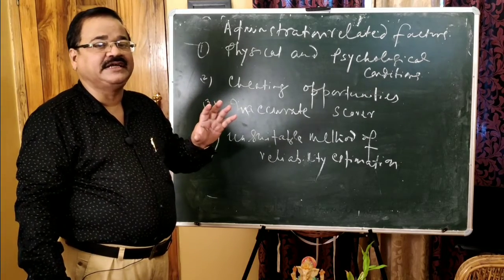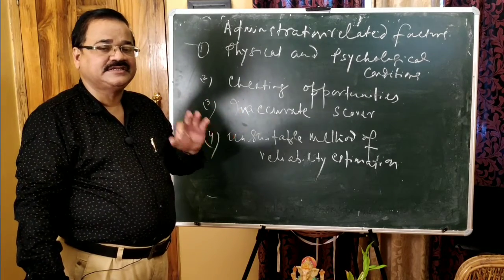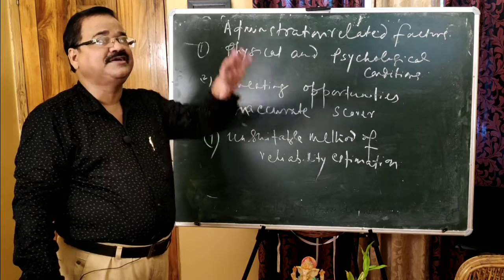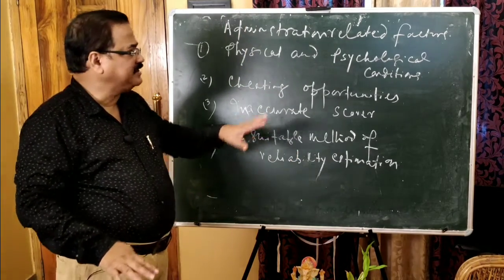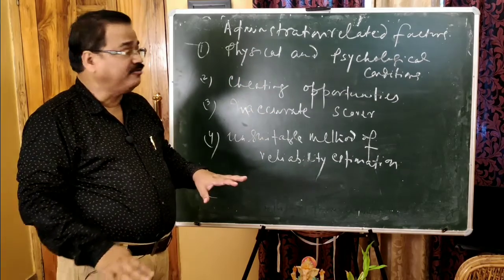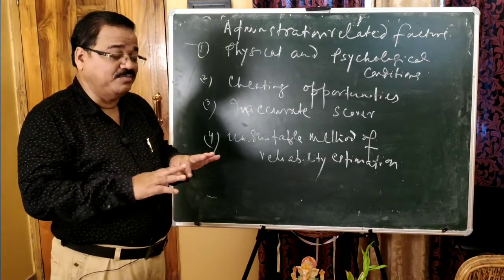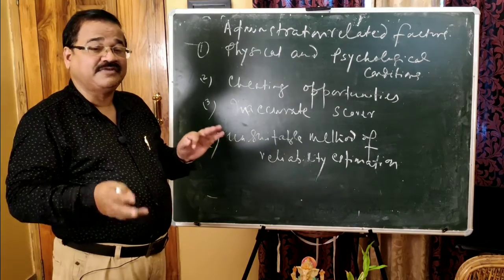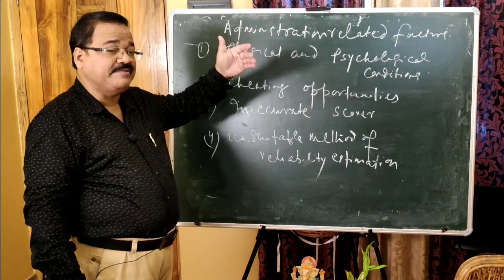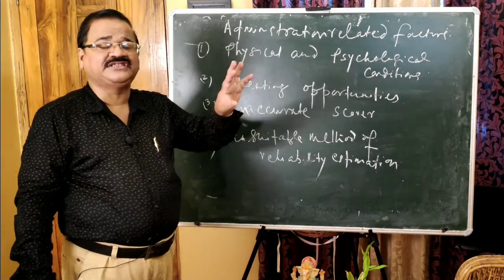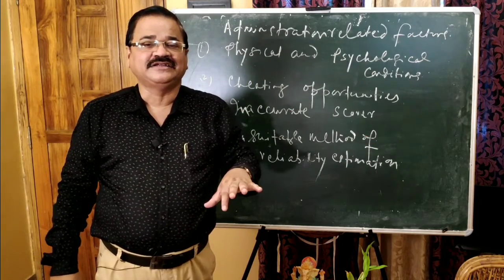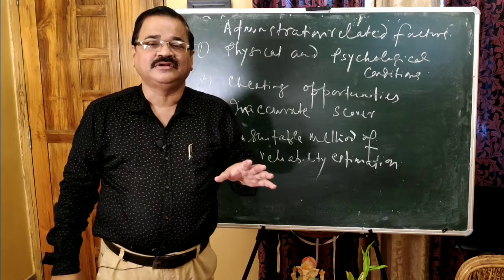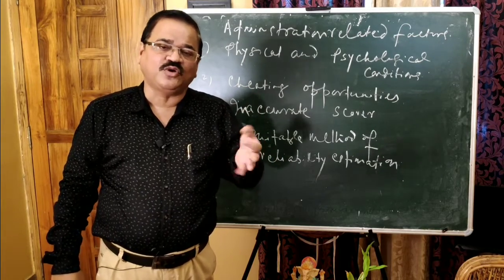The lighting facility, ventilation, sitting arrangement, light, fan, furniture, everything, the physical conditions, will be identical in both the tests. Sometimes when you are appearing at the examination, if the lighting condition is bad, there is no ventilation, there is no air, you will feel uncomfortable, and because of that you may score less marks.